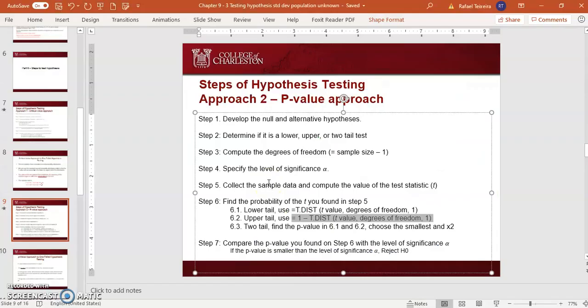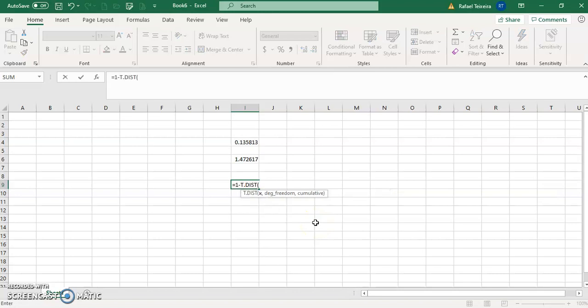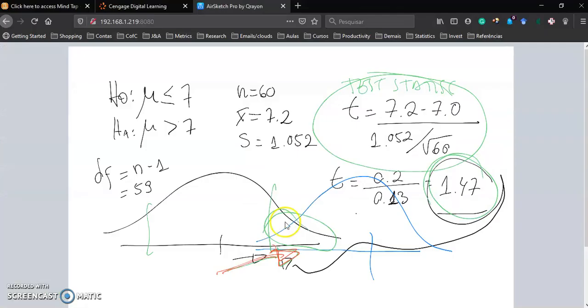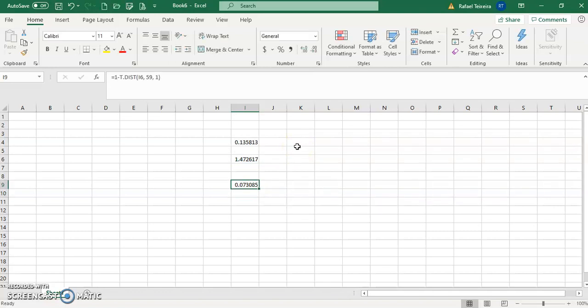So the formula is equal 1 minus t dist, and then that's the t statistic. The degrees of freedom, how many degrees of freedom we have in the problem. This is the reason I compute the degrees of freedom, 59. So 59, comma, cumulative is 1, close parenthesis. That's the probability, 0.07. Remember, 0.07 is not a strong evidence.